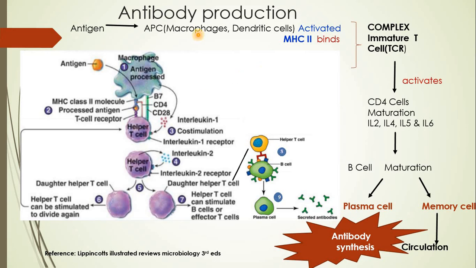MHC II molecule is a part of APC itself. So here I can say that MHC II and the processed antigen form a complex. Now this complex will be interacting with immature T cells, right?